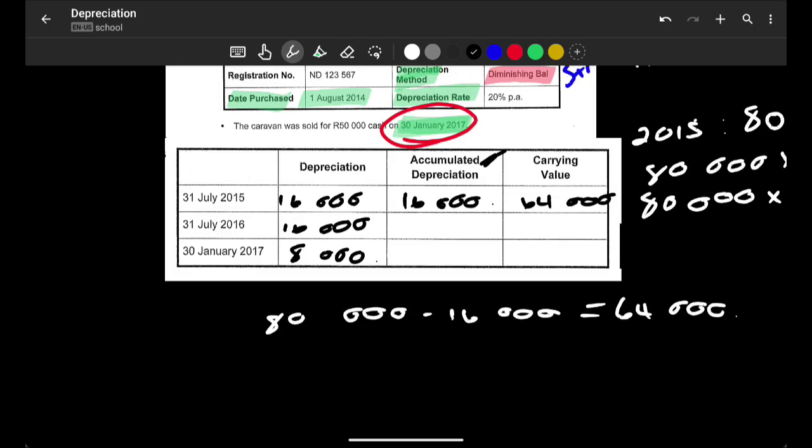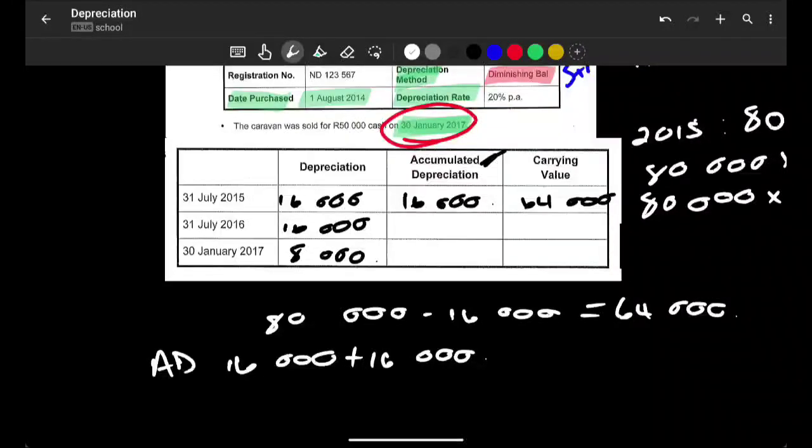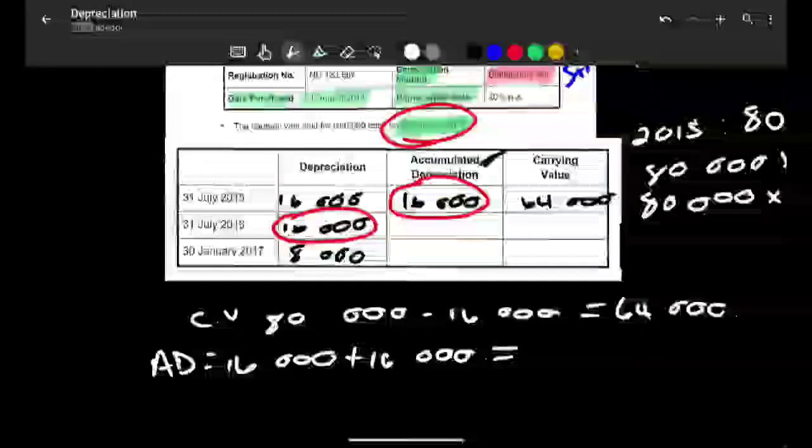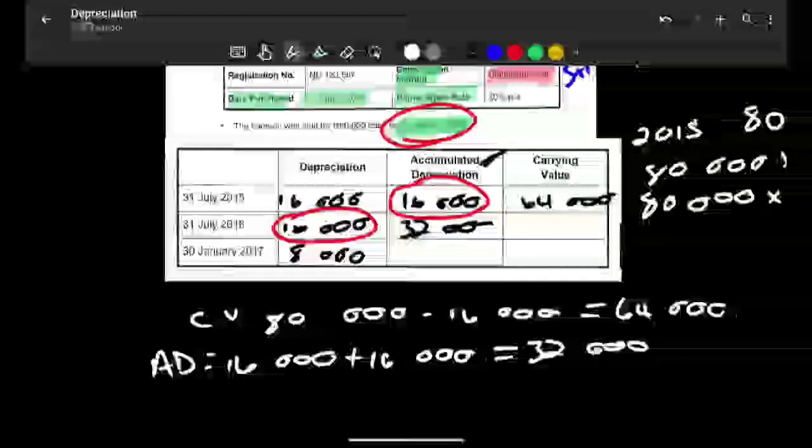Then we move on to the next year. The next year is going to be 16,000 plus 16,000. Remember, calculating accumulated depreciation, this was carrying value. Calculating accumulated depreciation is our balance, this was our balance, plus the depreciation for that current year. So we're gonna have 32,000 rand there, 32,000 rand as our accumulated depreciation for the year.